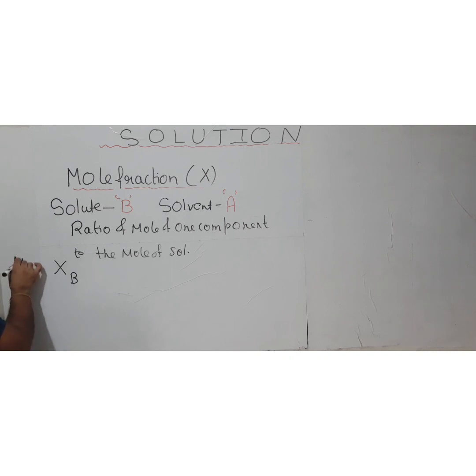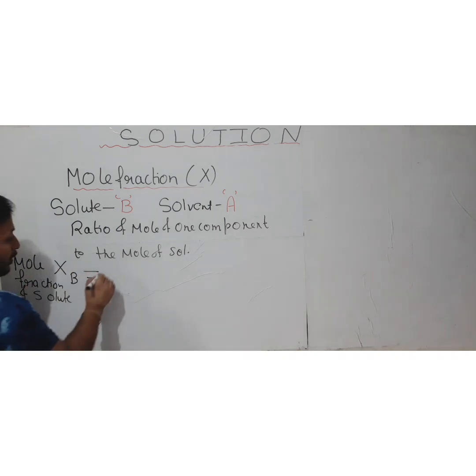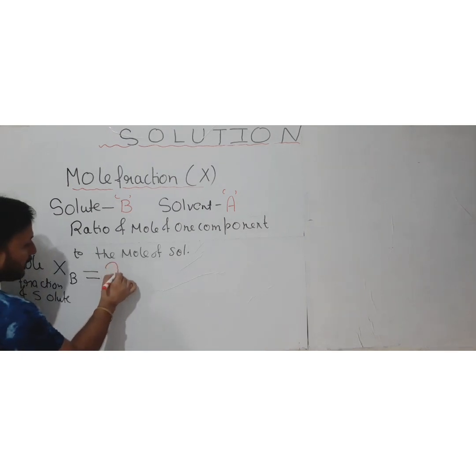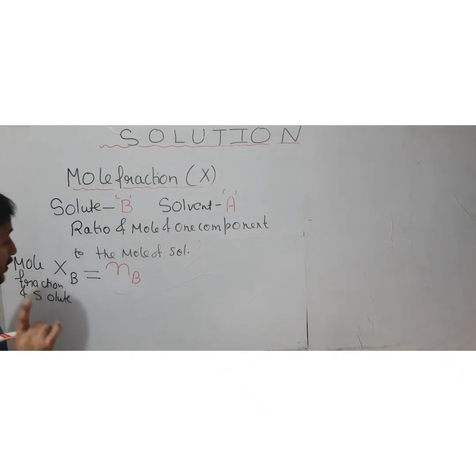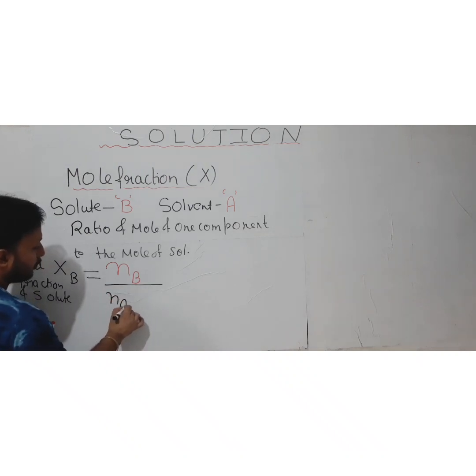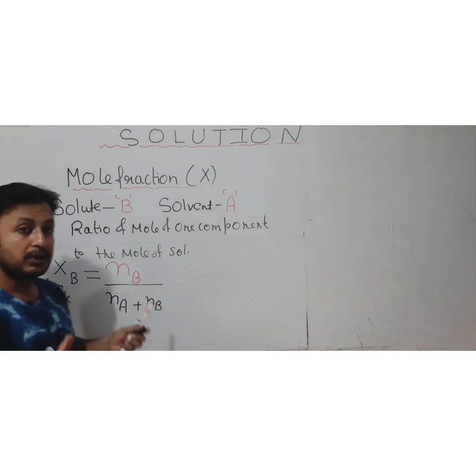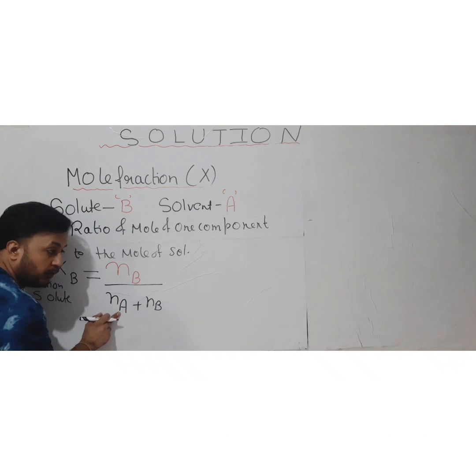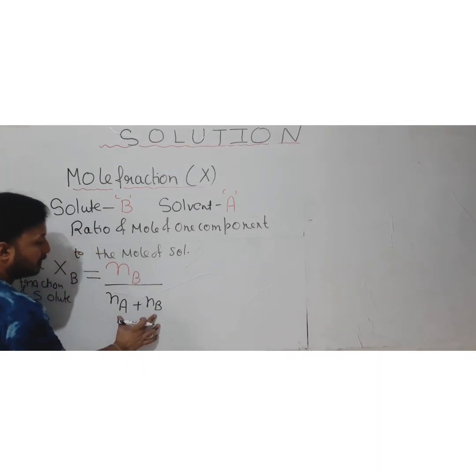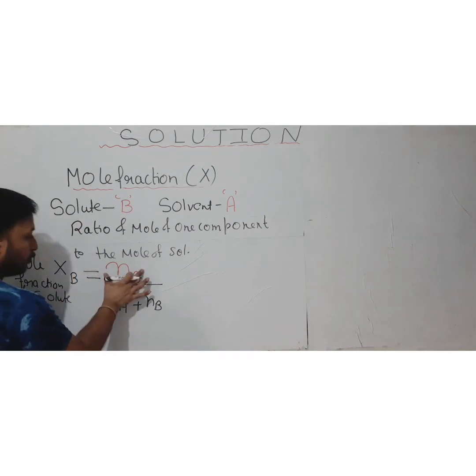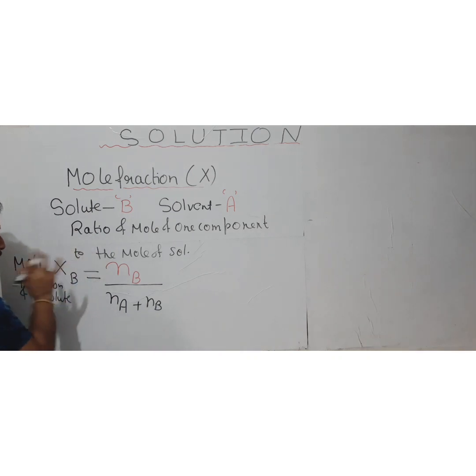So XB means the mole fraction of solute, which is the number of moles of solute, nB, divided by the number of moles of solution. How do we calculate the number of moles of solution? We take the sum of both components present in the solution: number of moles of solvent plus number of moles of solute. So the number of moles of solute divided by the number of moles of solution is the mole fraction of solute. That is how we can calculate it.